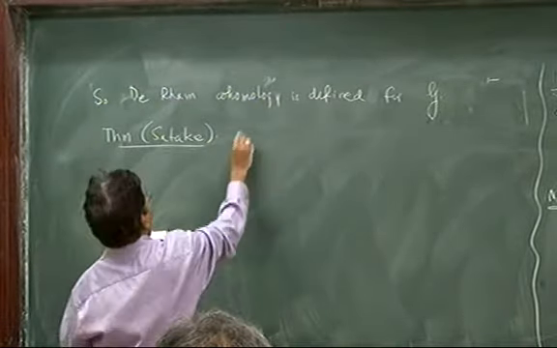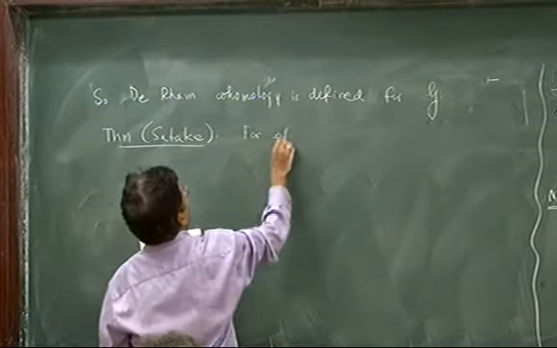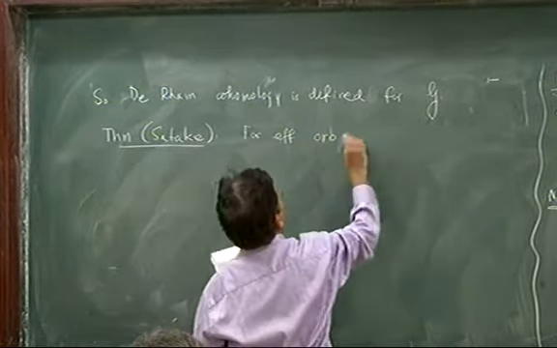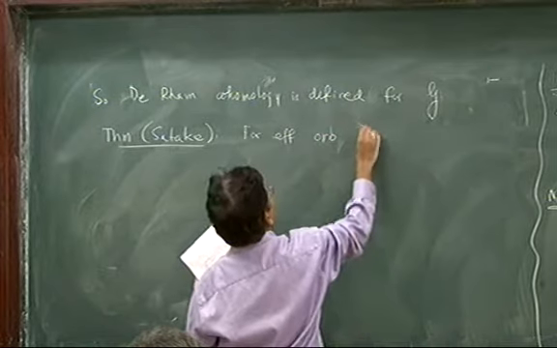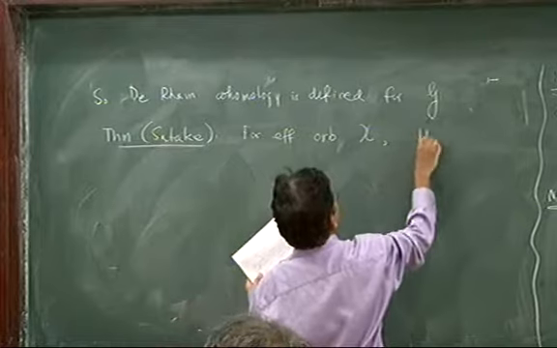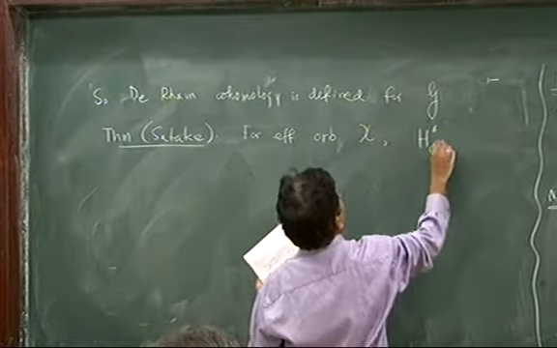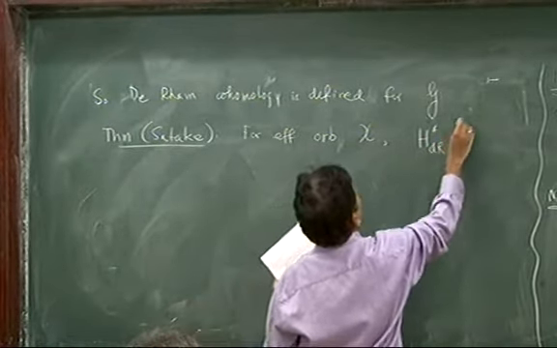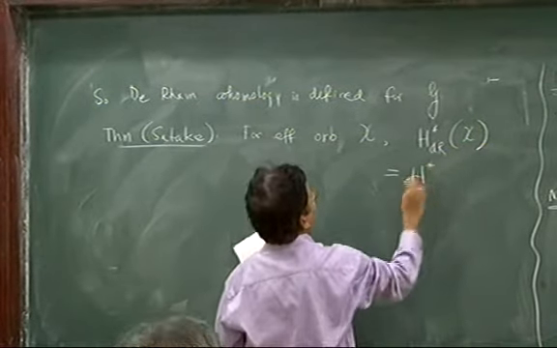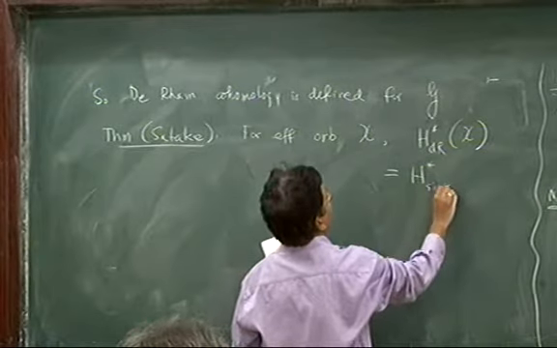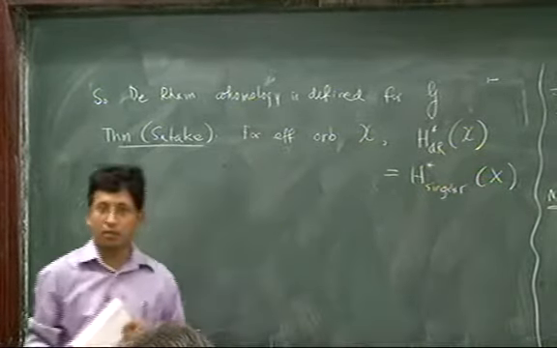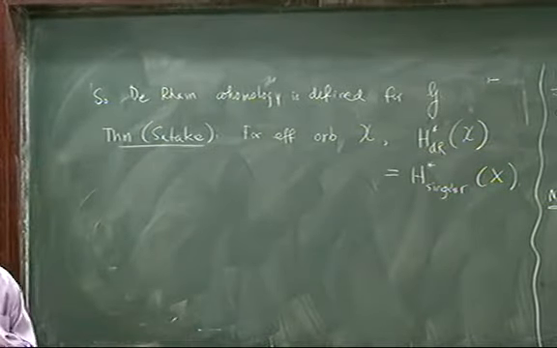For an effective orbifold, say X, H star de Rham of X equals H star singular cohomology of the quotient space.